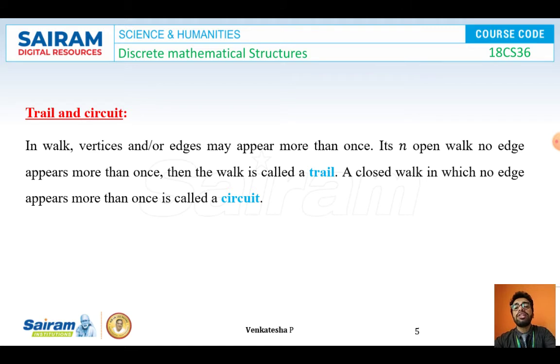And I'm taking a closed walk in which no edge appears more than once, which will be called a circuit. So a closed walk has the starting vertex and ending vertex the same, with no edges repeated. An open walk with different starting and ending vertices and no repeated edge will be called a trail.